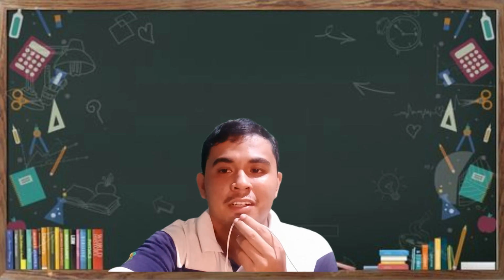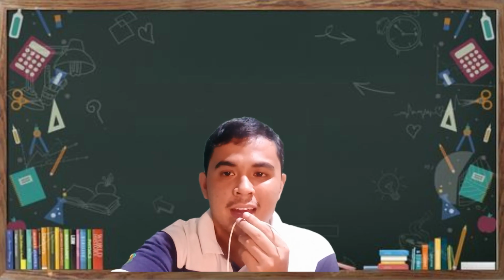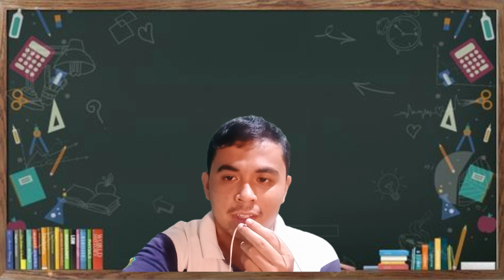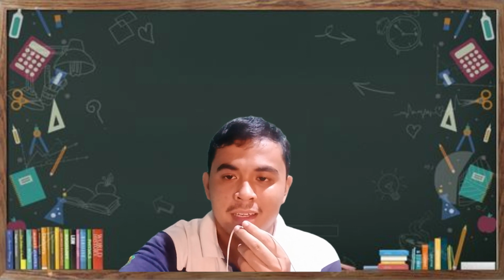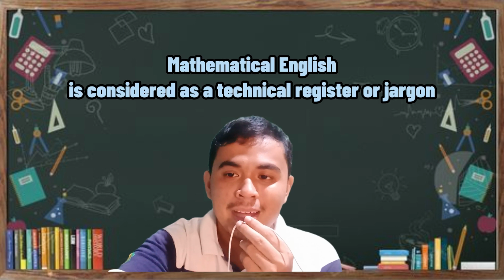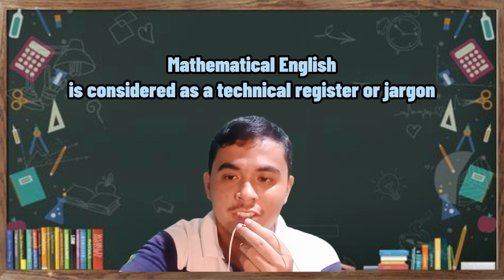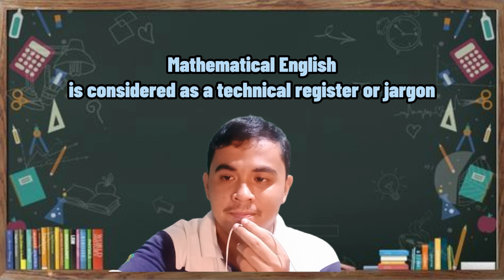These technical jargons are ordinary words that we usually hear and use, and some of them are also used in other fields such as the field of medicine. On the other hand, mathematical English is also an example of a technical register or a jargon.